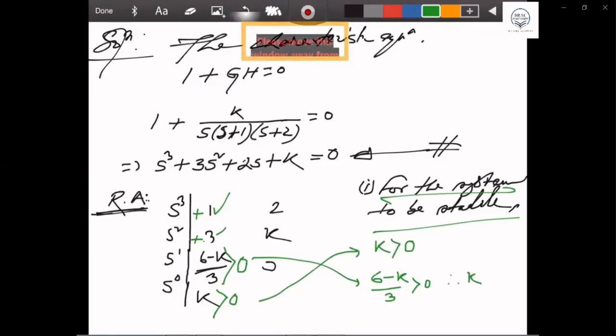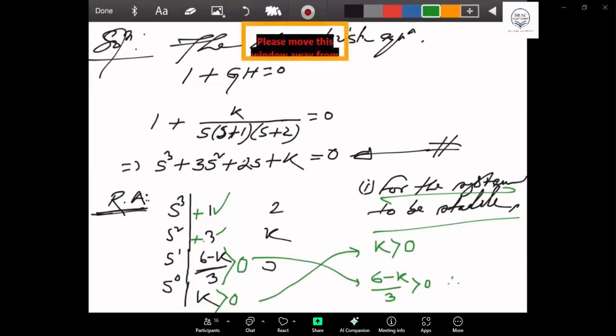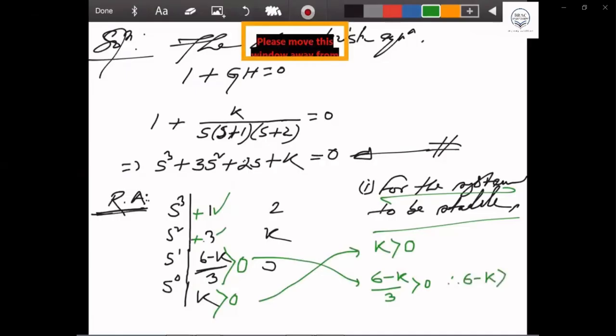Okay, I'm writing it in a little more detail. That means 6 minus K is greater than 0. This thing you understand, right? Yes, sir. K is less than 6.